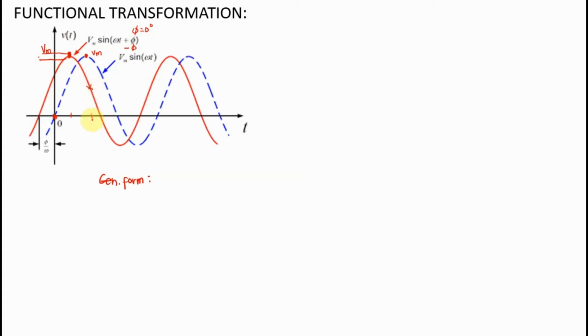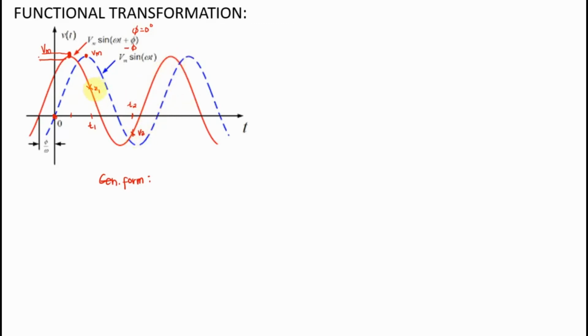For instance, if the time here is t sub 1, you can have v1. Another example, let's say this is t sub 2. If you project that vertically, it will hit this curve, and this can be your v sub 2, and so on and so forth.